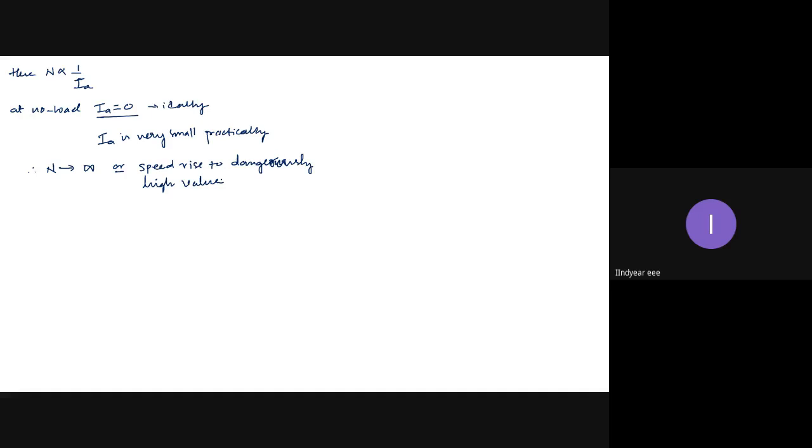If the speed is very large, centrifugal forces will be very large. If this is the circular path of the motion, and speed is very large, then centrifugal forces acting outward radially will be very large.